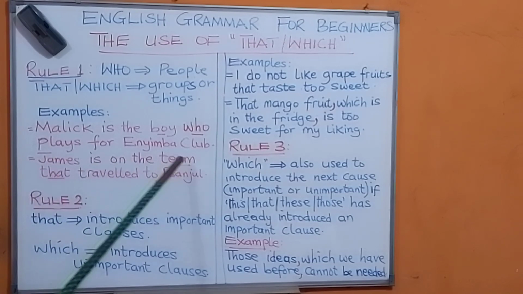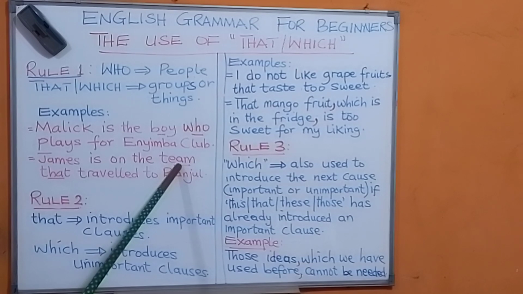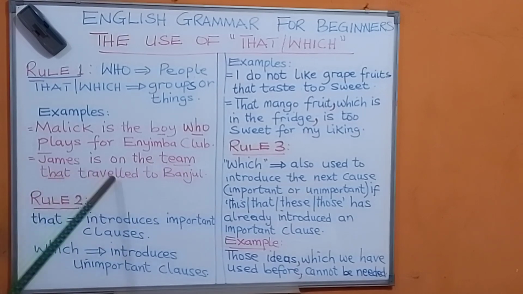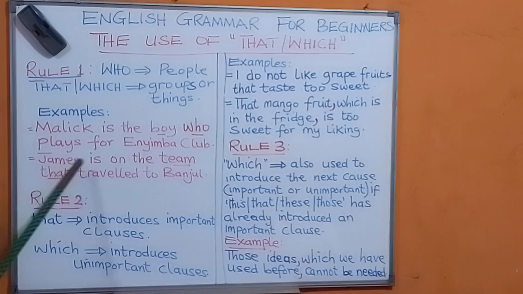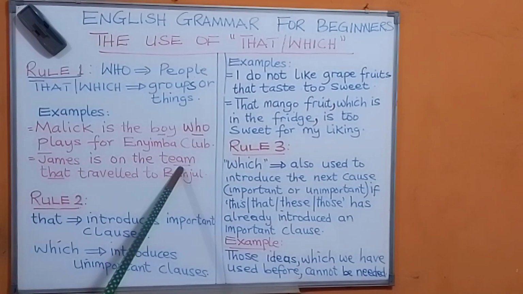Now let's look at example 2. James is on the team. Team is a thing, or a group. So it's not a human being. That's why we say that traveled to Banjul. James is on the team. We're not talking about James, we're talking about the team. So that's why we say team that traveled to Banjul.